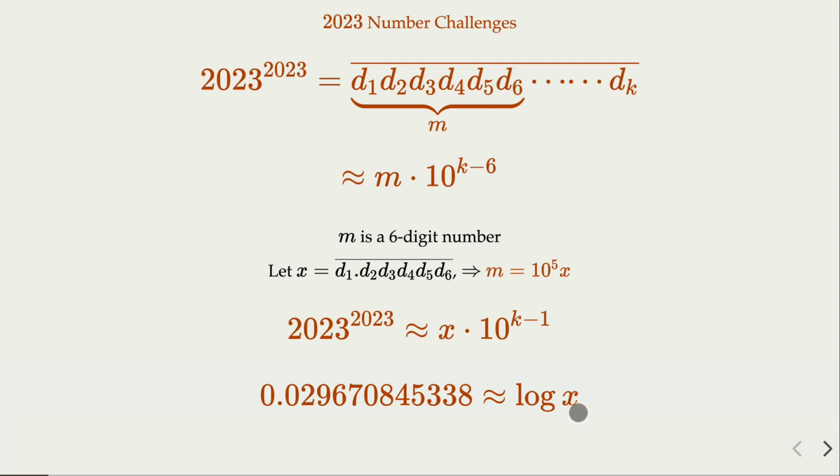So here we're going to resort to what is called Newton's method for finding the root. What is the root? We try to solve the equation log base 10 of x equals this quantity here, and we try to find x. If we get x with good precision, then we will know m. That's the strategy. So what is Newton's method? Let's have a review.